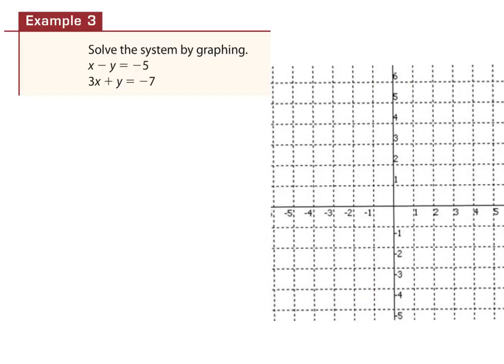So when it's not in slope-intercept form, you can graph using your intercepts. That's one way to do it. Or you can put them in slope-intercept form. The one thing I would say, graphing with intercepts, I only graph with intercepts like this if I'm solving by graphing, if I'm going to have perfect intercepts, not fractions, all right?